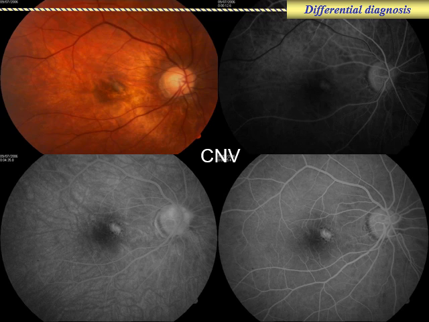CNV fills in a lacy pattern with leakage within the membrane and then outside the membrane, giving the membrane an ill-defined border. There is association with drusen in age-related macular degeneration, with myopic degenerations, with angioid streaks, and history of trauma. In case of doubt, OCT is diagnostic in such cases.